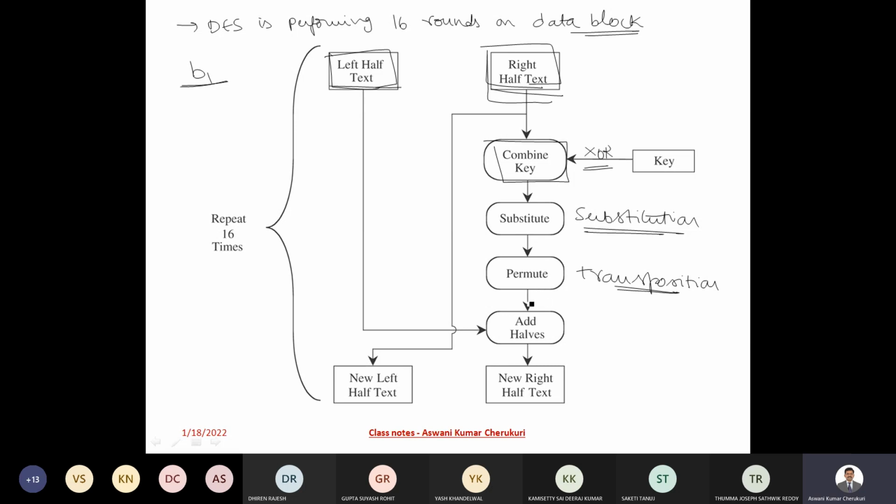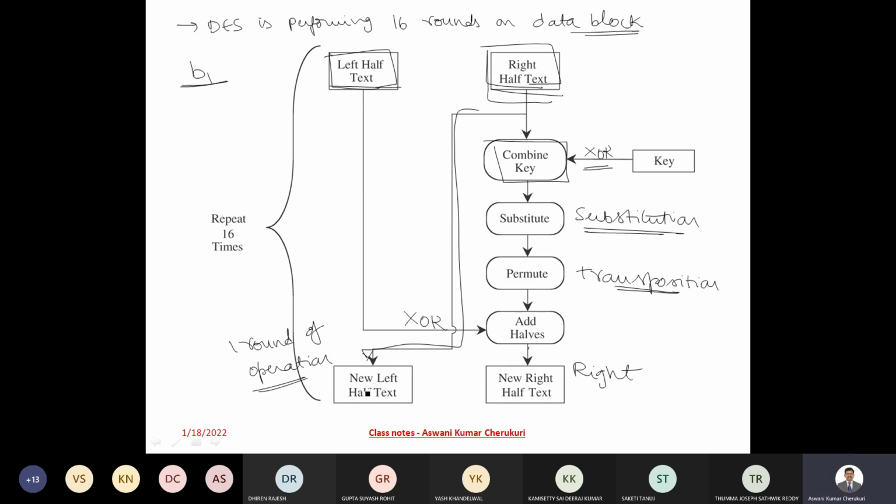Then whatever the output of this is would be combined with the left half, performing an XOR operation. The output of this forms the new right, and the previous right is the new left. With this, one round of operation is completed on the plain text block.